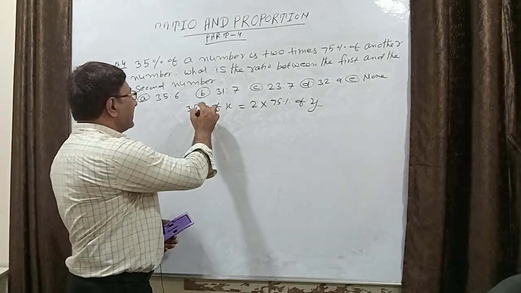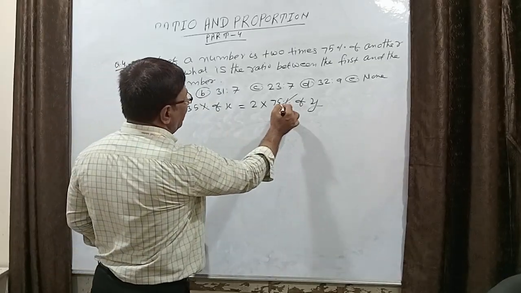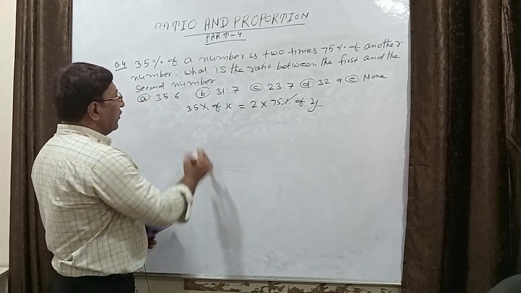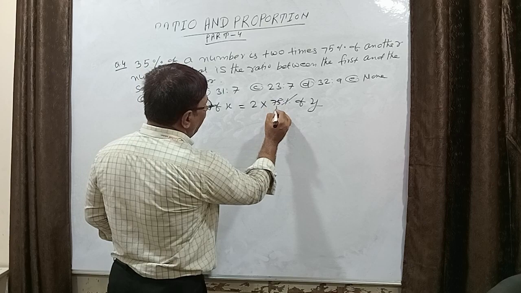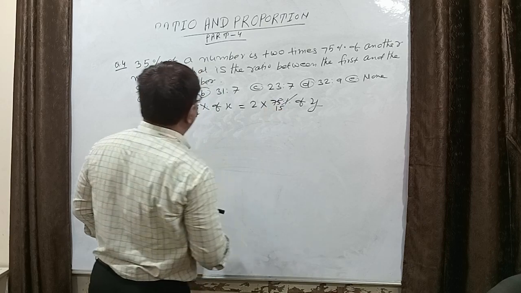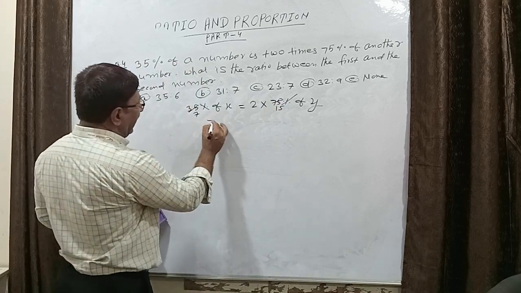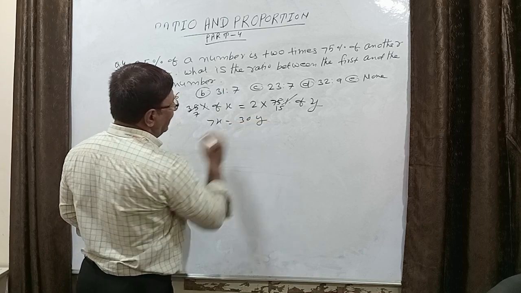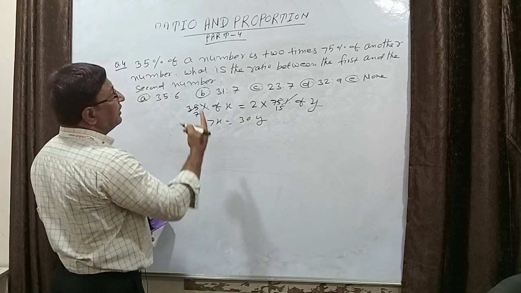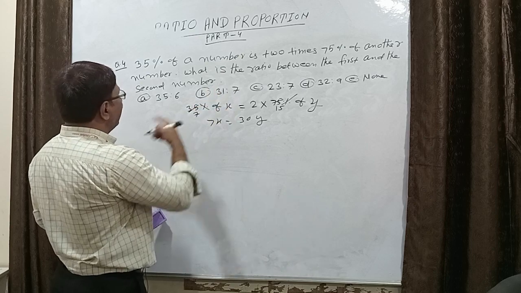Now a very simple technique. This percent and this percent cancel out. Now 5 7s are 35 and 5 1s are 5. This is 15. Now this is 7x and this is 15 2s are 30y. We need the ratio of the first and the second.